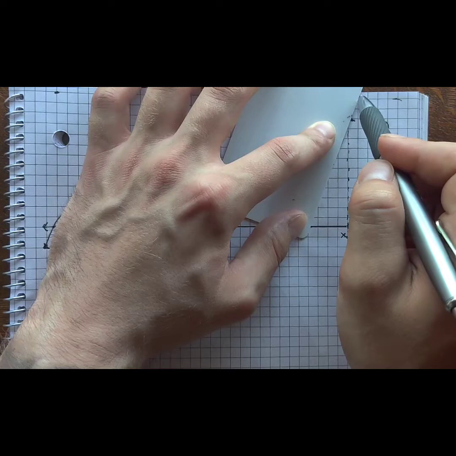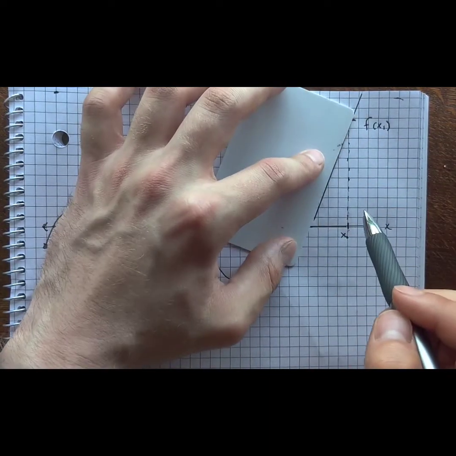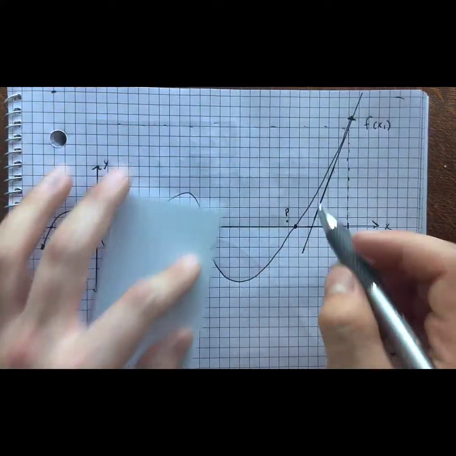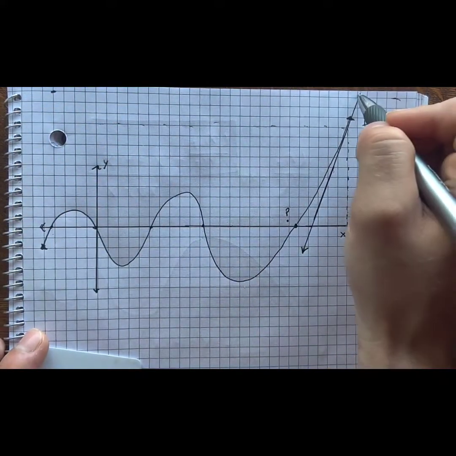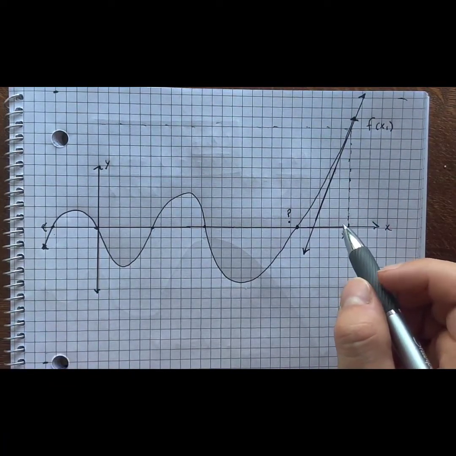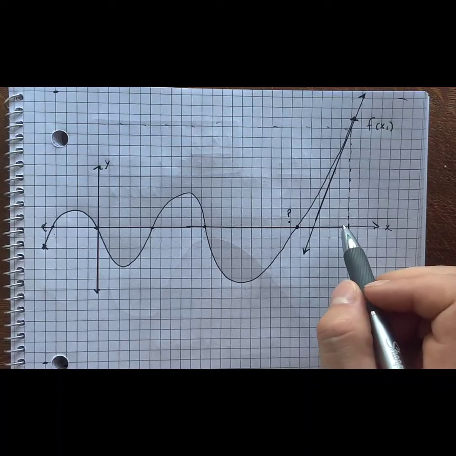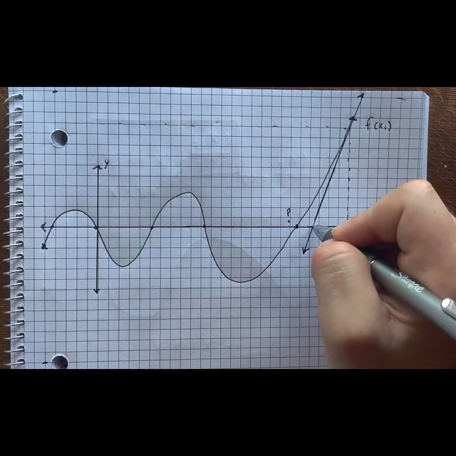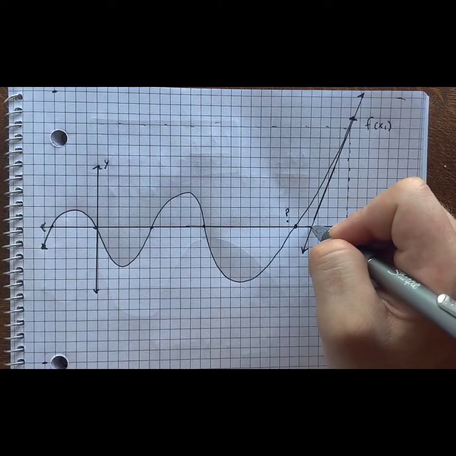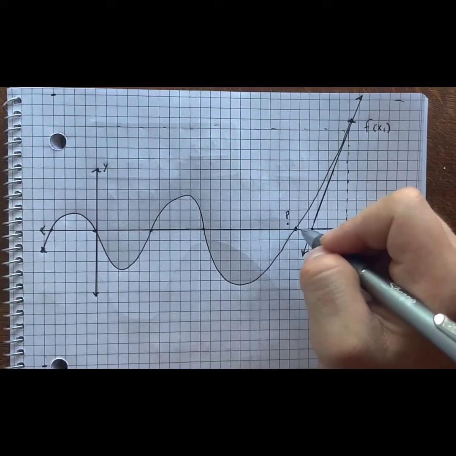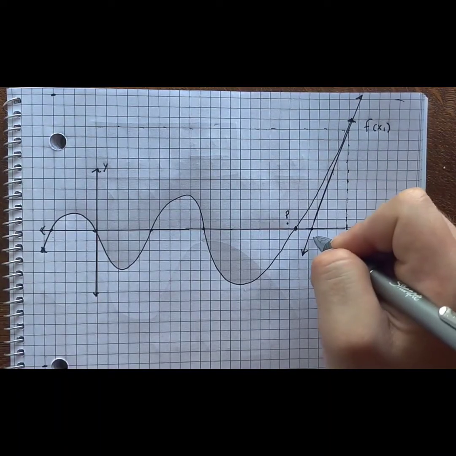And that's going to give him the slope of the tangent line that runs through this point on the function. Now, if you look at this tangent line, follow it down to the x-axis, we can see that it crosses the x-axis at a point that is much closer to our point of interest than our initial x1.